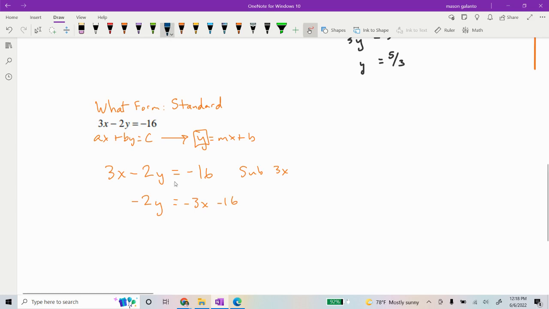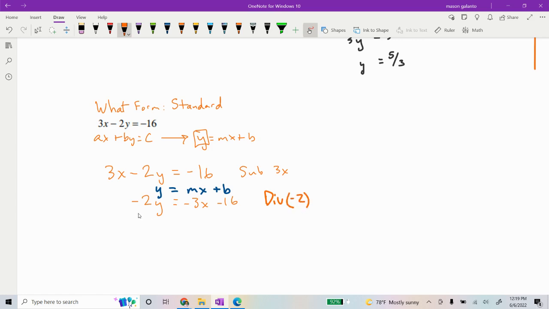Note here that I went ahead and put the negative 3x before the negative 16. I do this because I want it in slope-intercept form, y equals mx plus b. I want my mx first, then the b value. And then the last step here is that you just need to divide by negative 2.